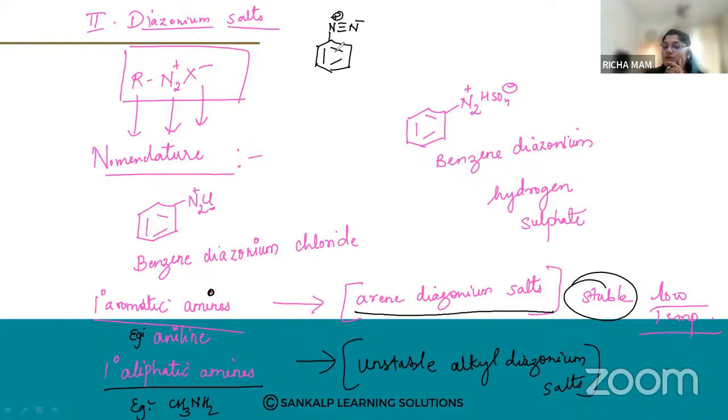Because of the conjugated system, because of the presence of the benzene ring, you can see the charge on the arene, that is your diazonium group, is stabilized. So it will undergo resonating structures. Because of the resonating structures, the arene compounds are stable.